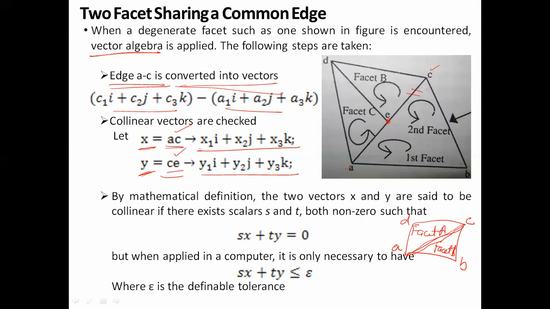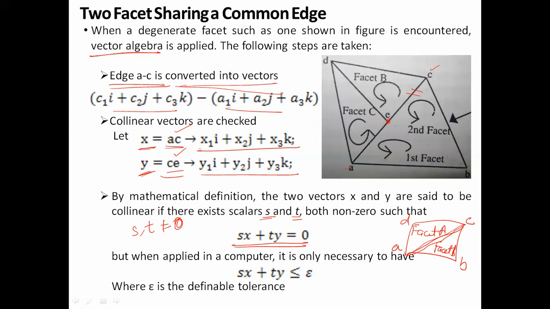Now, in vector algebra, the definition of collinearity is given as the vectors multiplied by scalar constants, s and t, and both the scalar constants should be non-zero.